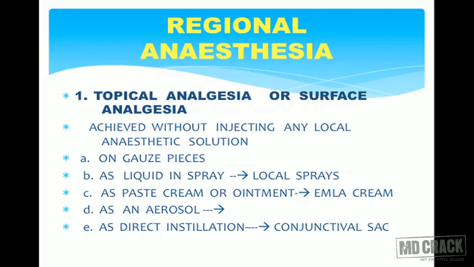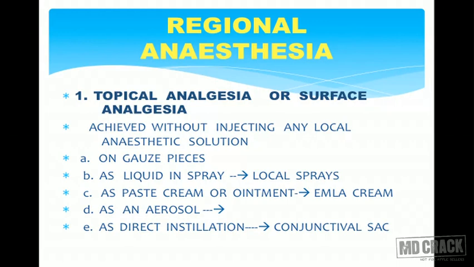Now coming back to regional anesthesia, I will discuss each and every anesthesia in detail. First is topical analgesia or surface analgesia. As I said before, this is achieved without injecting any local anesthetic solution inside the body. Then how is it achieved? It could be achieved in various ways.